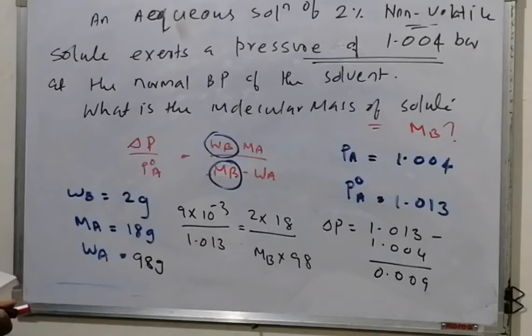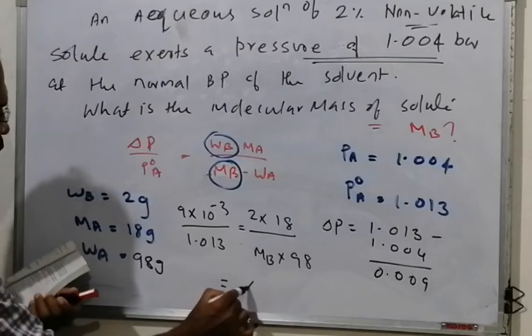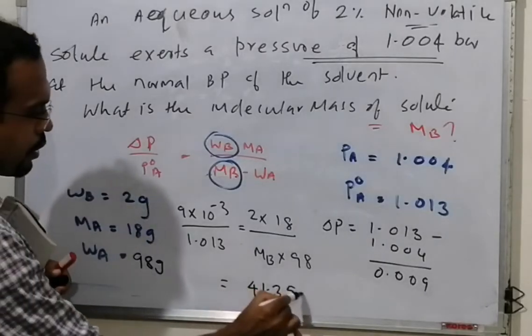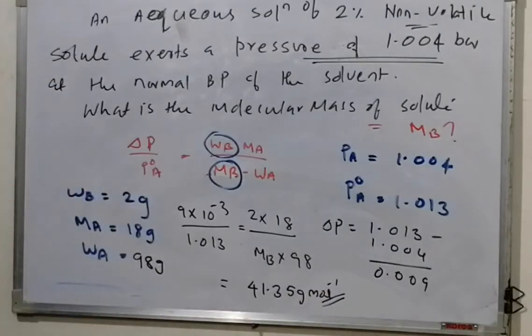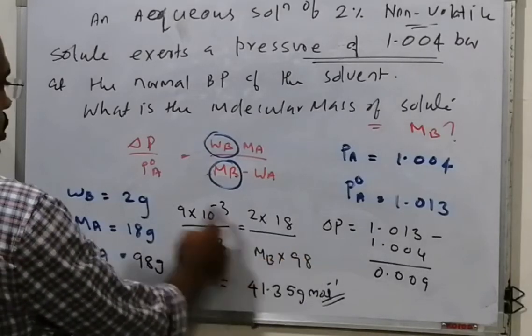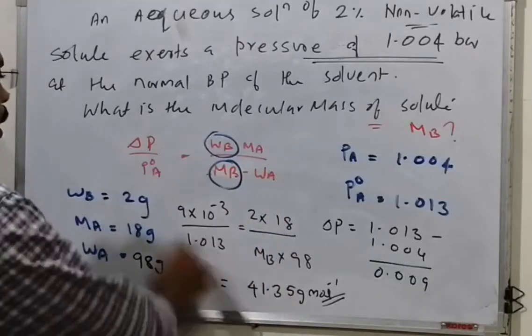Therefore, the final answer will be 41.35 gram mole raised to minus 1. This is our final answer. You solve it, take this here, and get the MB.